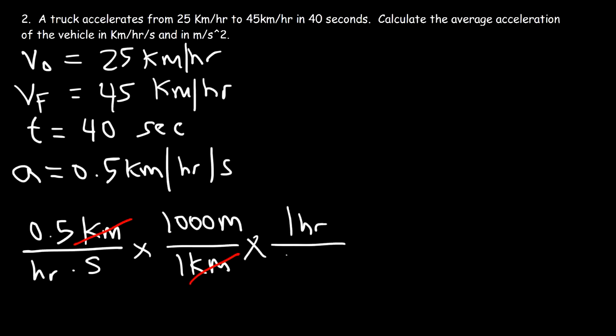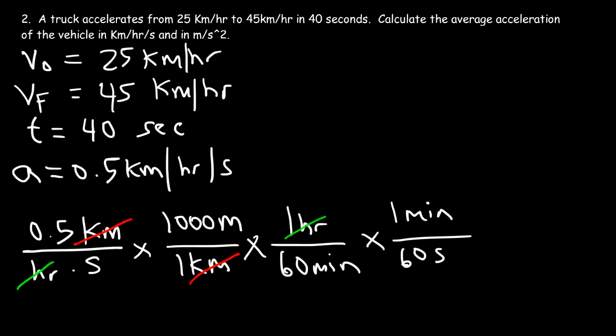So 1 hour is equal to 60 minutes, and 1 minute is equivalent to 60 seconds. So the unit hours cancel, and the unit minutes cancel. So now we have meters per second, or meters per second squared. 0.5 times 1,000 is 500.